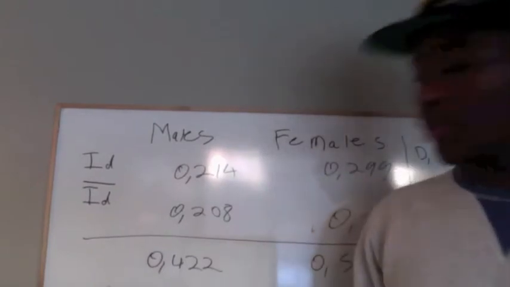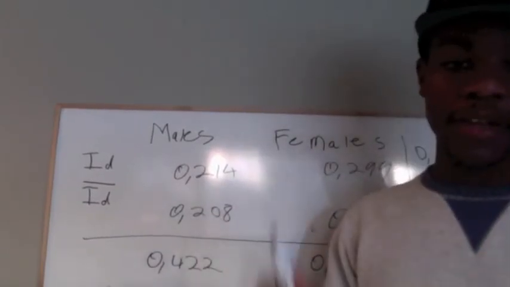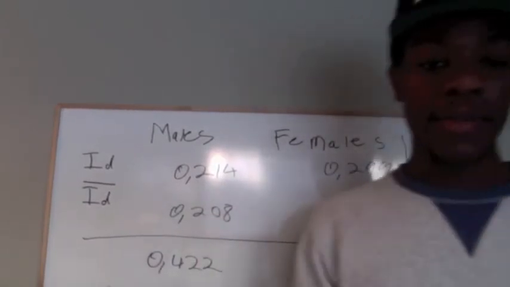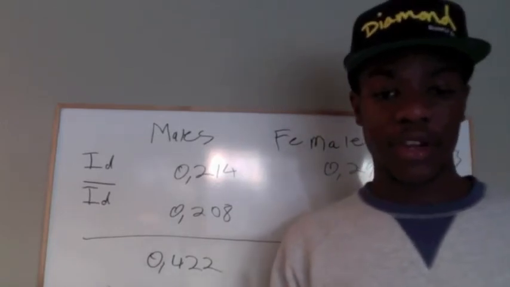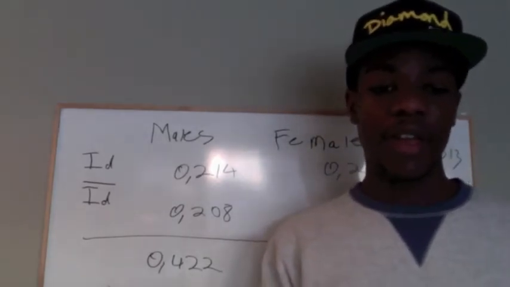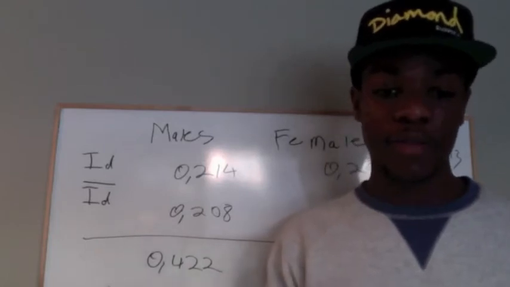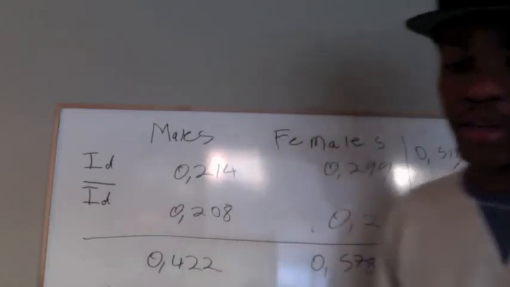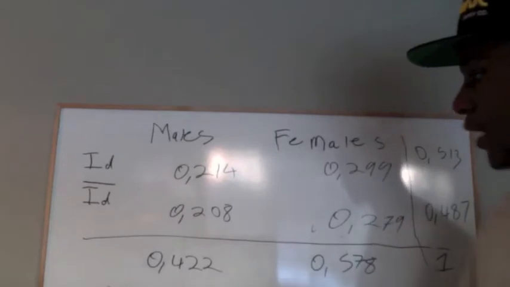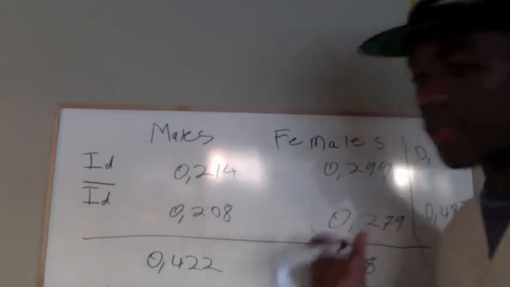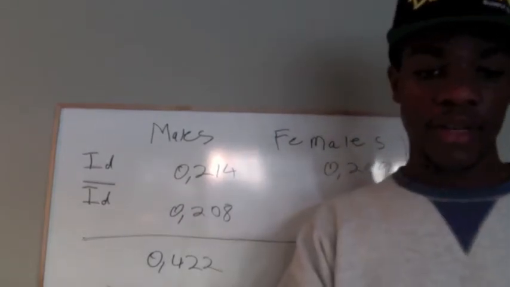Know that both these are independent events. That means events A and B are said to be independent if and only if the probability of A is not influenced by the occurrence of B or vice versa. So neither of these affect each other, so they are independent.